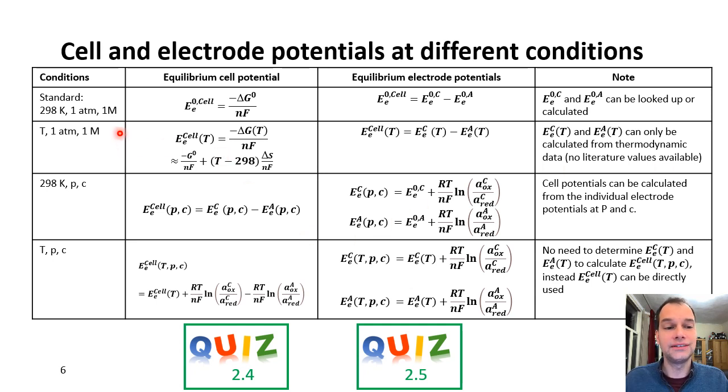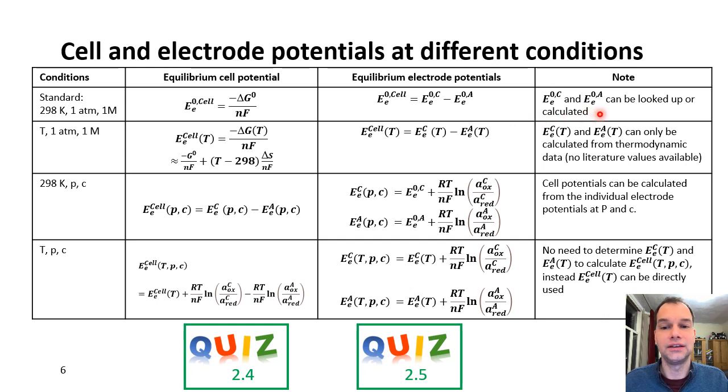So if we now look at this table, we see that at the standard condition, so 298 Kelvin, 1 atmosphere, 1 molar, we can say the equilibrium cell potential depends on the standard Gibbs energy divided by nF. And the equilibrium electrode potentials then relate to the cell potential via this equation: the standard cathode potential minus the standard anode potential.